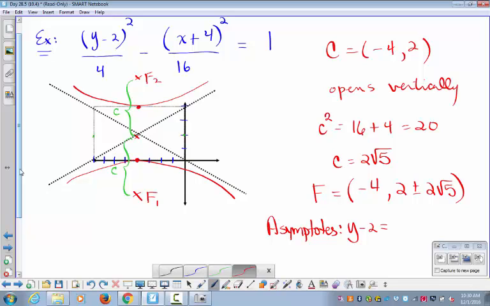Does everyone agree? 1/2. So the rise is 2. We look under the y's and take the square root. The run is 4. We look under the x's and take the square root. So it's 2 divided by 4, which is 1/2. Plus or minus 1/2 times x plus 4. Good.